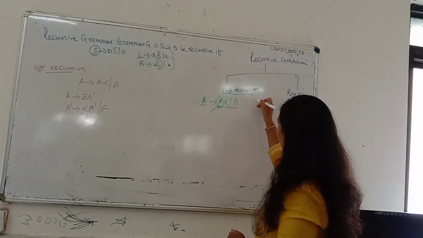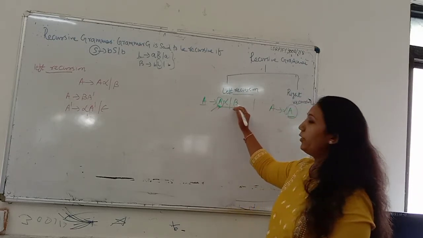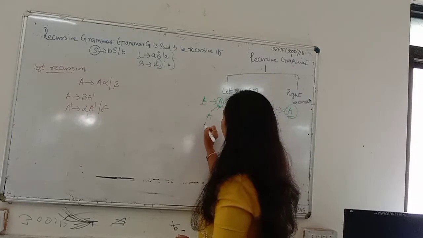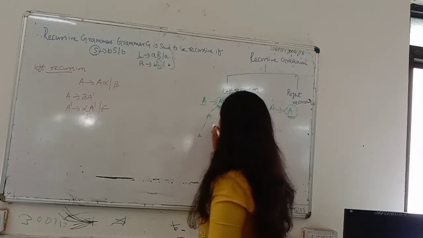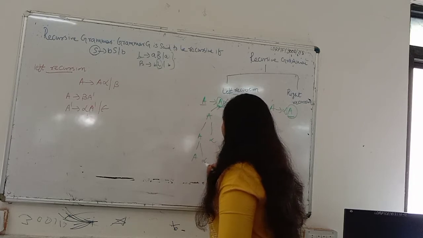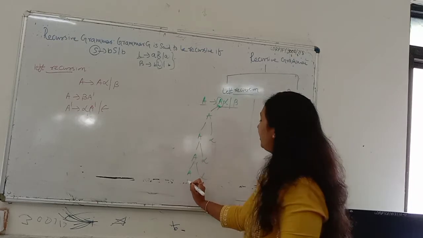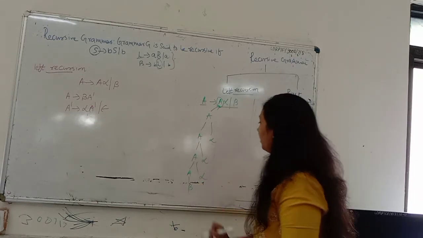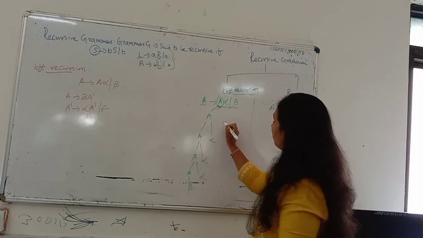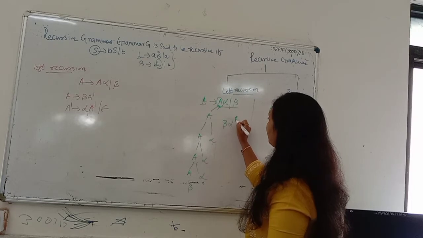Let's take one example. From the production A to A alpha or beta, if we see the tree, it would be like this: A to A alpha, again A to A alpha, again A to A alpha, and finally if we select A to beta, the string that can possibly be generated is beta alpha star.